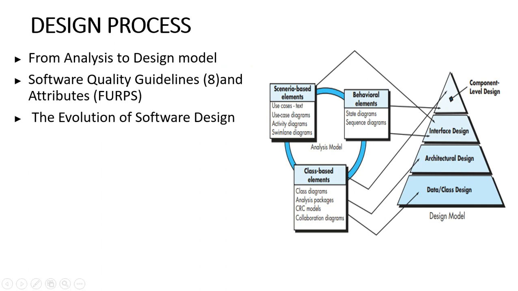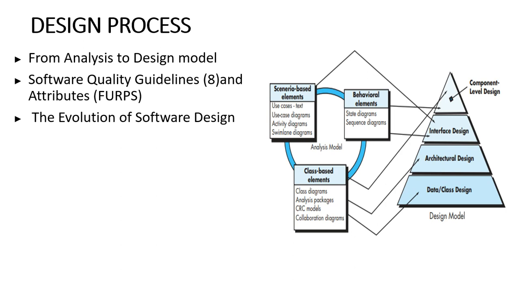This diagram shows that under the analysis model we have scenario based elements, behavior elements, and class based elements. For scenario based analysis, you make use of use case diagrams, activity diagrams, and swim lane diagrams. For the behavioral elements, we create state diagrams and sequence diagrams.